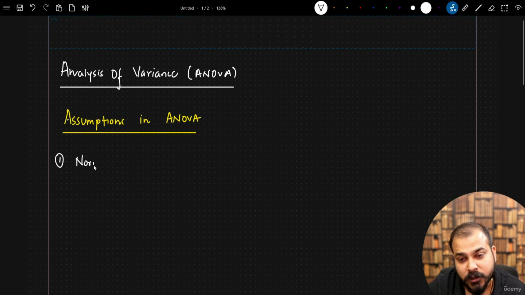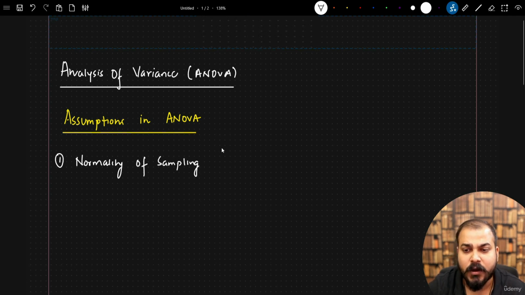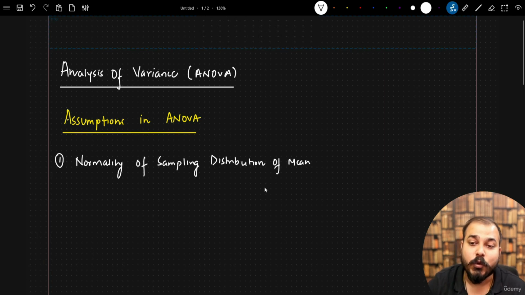The first assumption is something called normality of sampling distribution. We'll make you understand what exactly this is. Normality of sample distribution of means. Whenever you hear this term, sampling distribution of mean, and when you think about normality, the central limit theorem should definitely come to your mind.